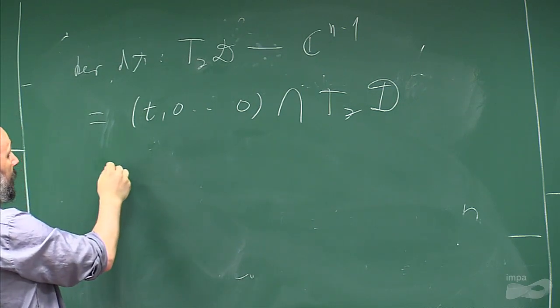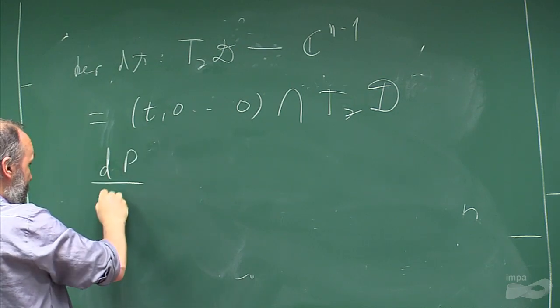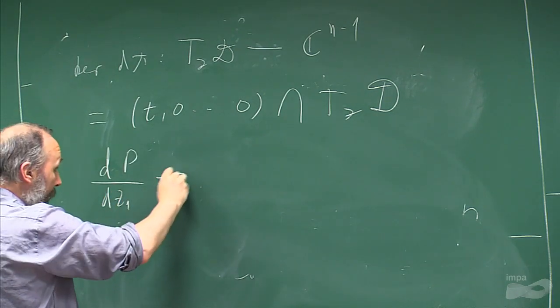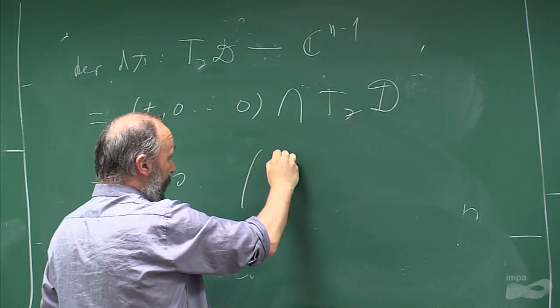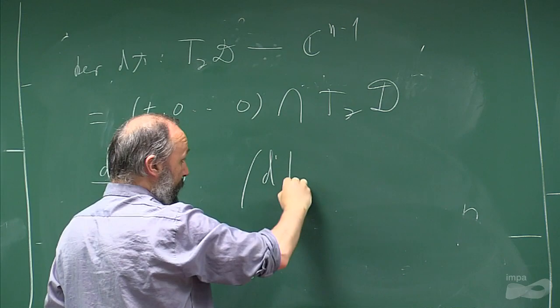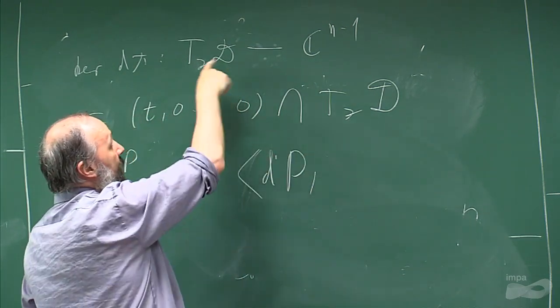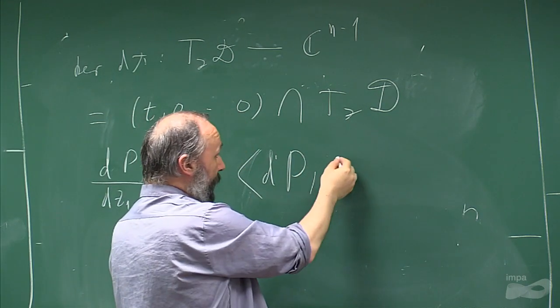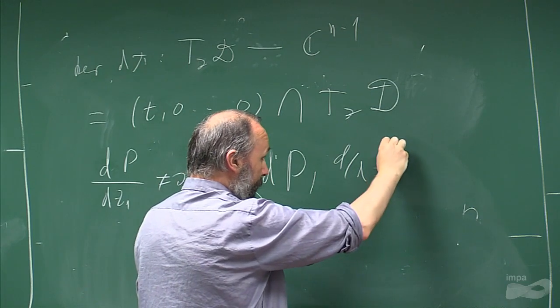But this, yeah, since dp by dz1 is non-zero, you can take this differential of p and plug in. I mean, this is a linear form on this ambient space, and you can pair it with the vector field d by dz1.